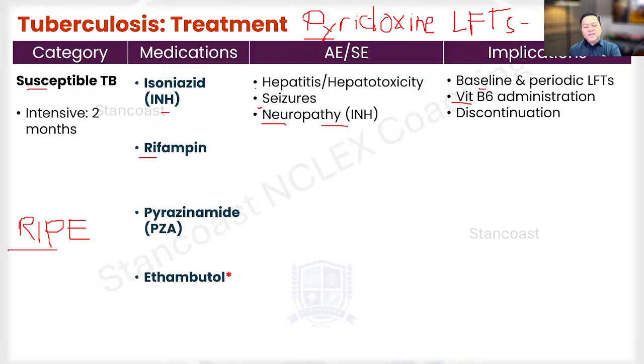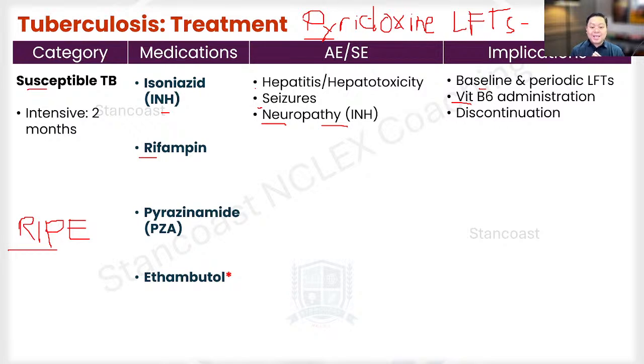Now guys, if a person ends up with liver toxicity or hepatitis, the provider will often discontinue the medication and allow the liver to have some time to heal, and this will now be replaced with another type of anti-tubercular medication that is less hepatotoxic.